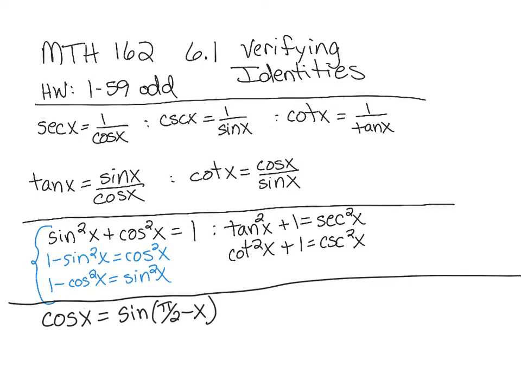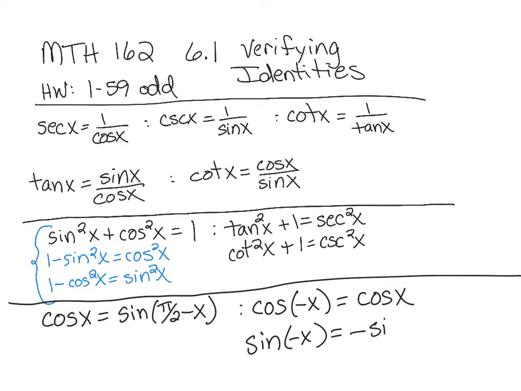Another thing that's important to remember is the even and odd properties. Cosine, if I go backwards, gives me cosine if I go forward. Sine, if I go backward around a circle, gives me the opposite, the negative of what I originally had.